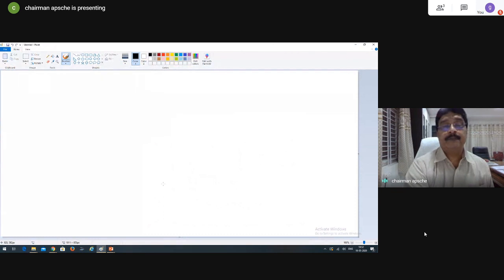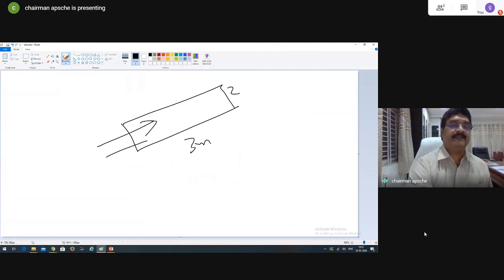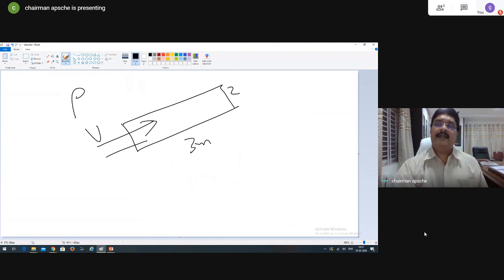So a plate is kept like this, 2 meters wide and 3 meters long, and fluid is flowing. Let me say its velocity is V and its density is rho. For all flat plates, straight away take L as the characteristic dimension, LC. Where do you use this LC?